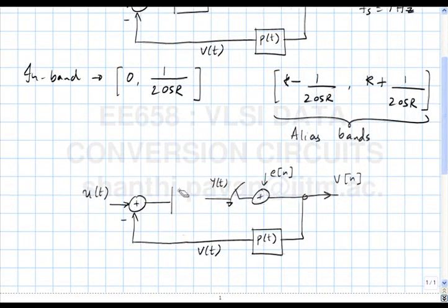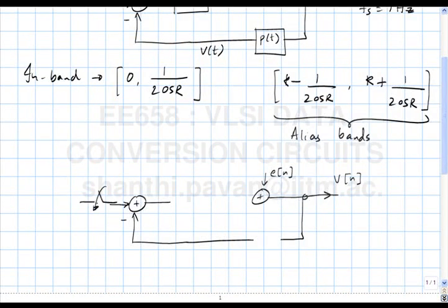In a discrete time design, this is not there. This is the sampling operation. You have Z inverse by 1 minus Z inverse. Alright. This is what you get.